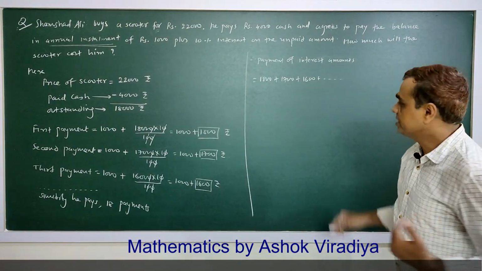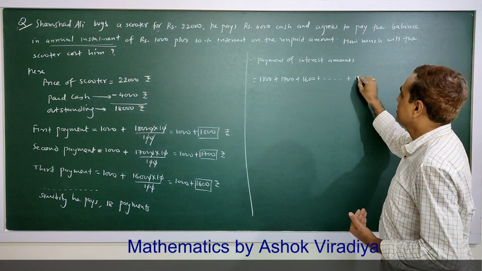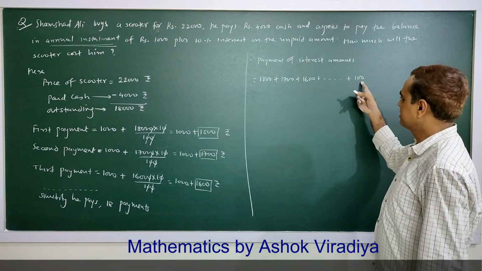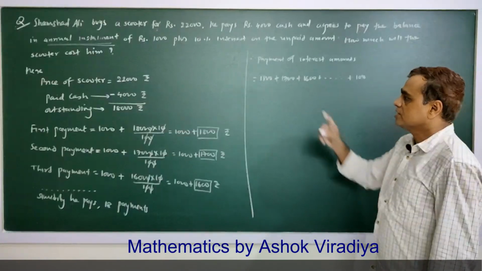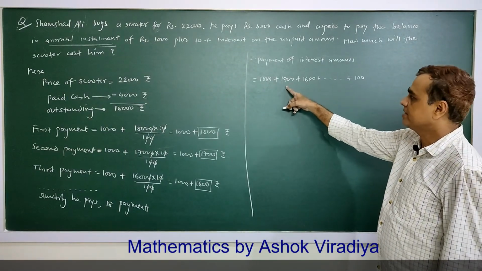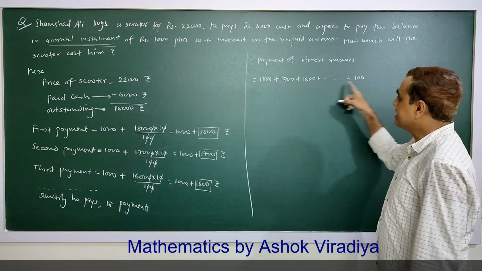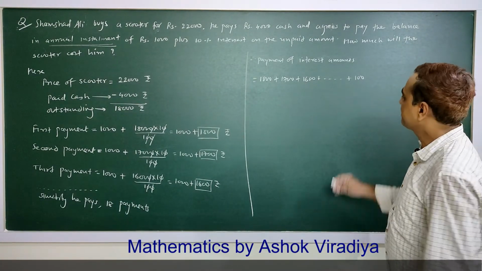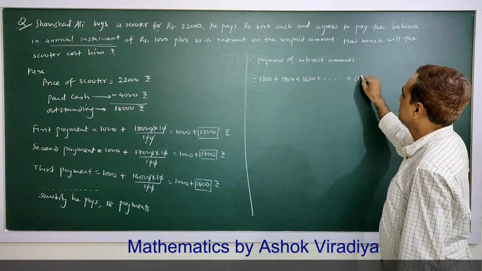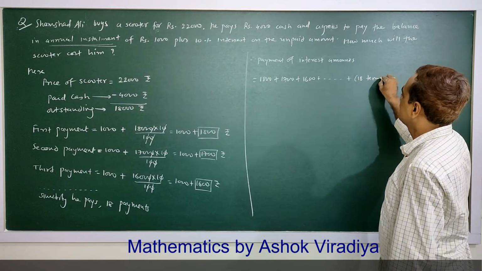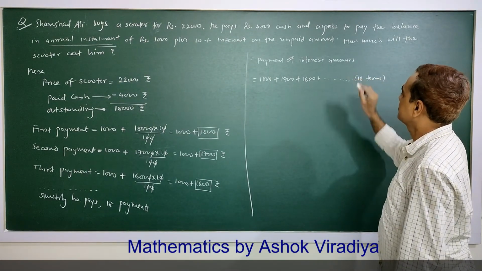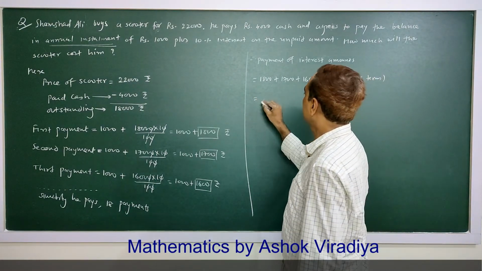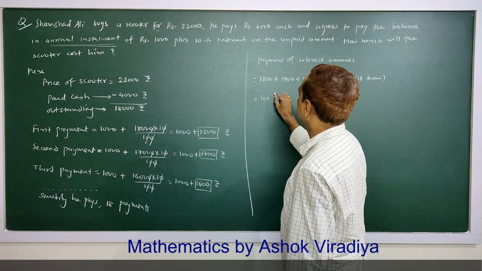So the 18th installment will be 100 rupees. At last this will be 100. So 1800, 1700, 1600, these are 18 terms. So the last term will be only 100. So the sum of these numbers, now here I am taking 100 common.